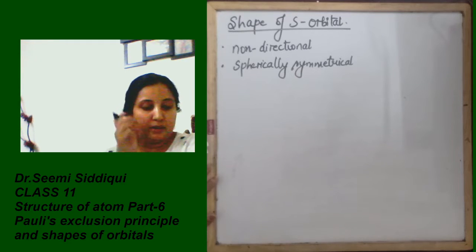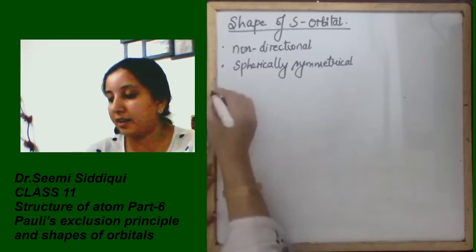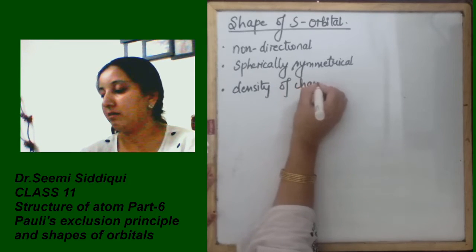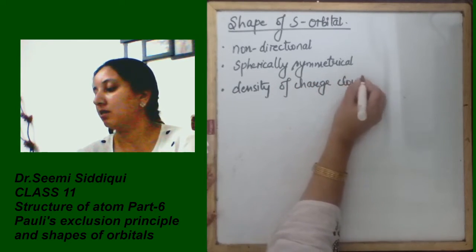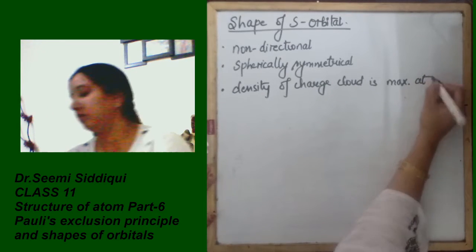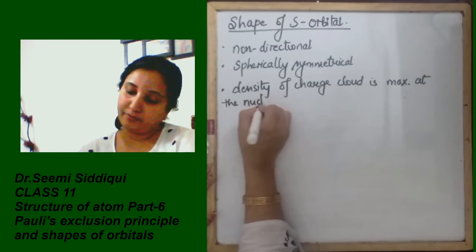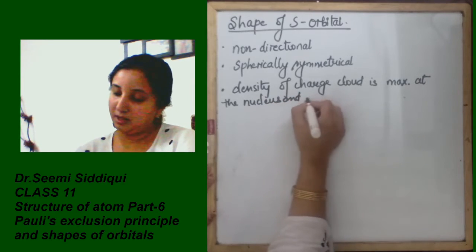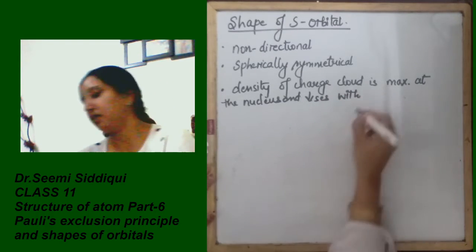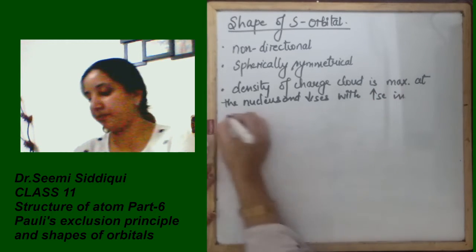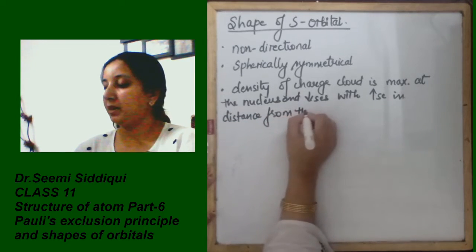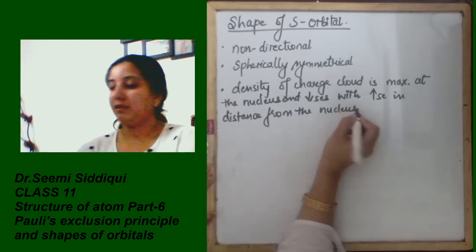Now we say over here the density of the charge cloud is maximum at the nucleus and decreases with increase in distance from the nucleus.